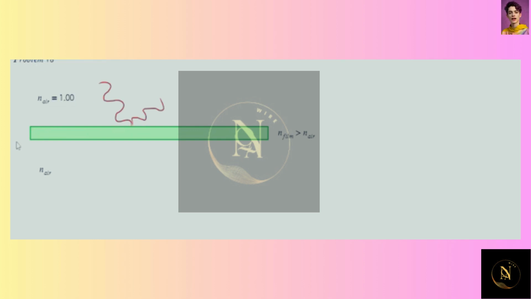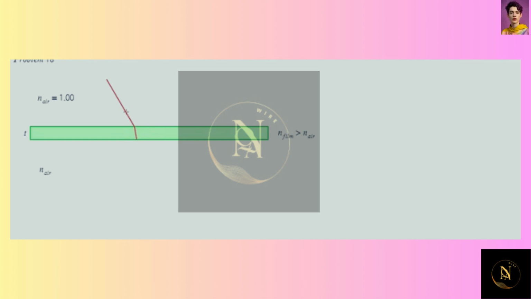So let's go ahead and label that thickness here T. So the light, let's go ahead and draw the diagram. The light is going to be coming in here. Since it's going from one refractive index to another, technically this is going to refract, but since it's a thin film, we're just going to treat this distance here T.